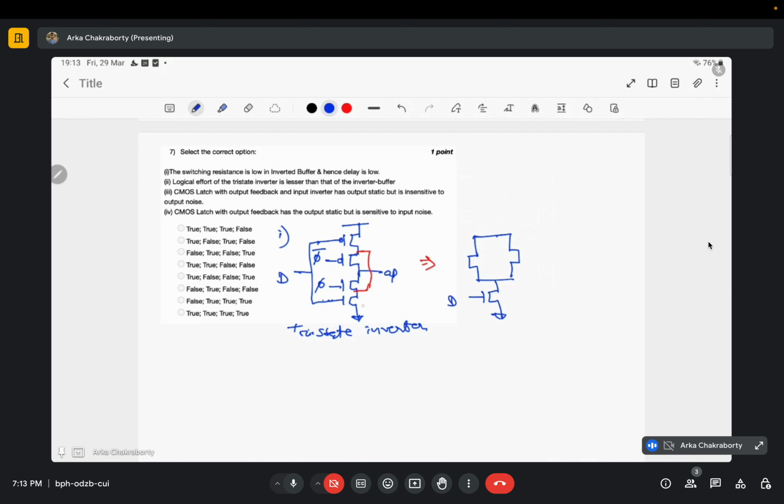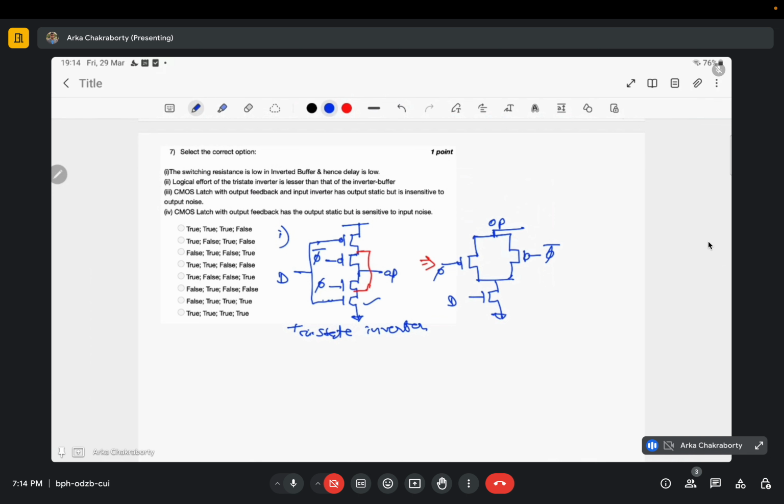D will be there, this D, and phi and phi bar. I have drawn only one D because at a time only PMOS or NMOS will be on. Okay, and this will be my output.